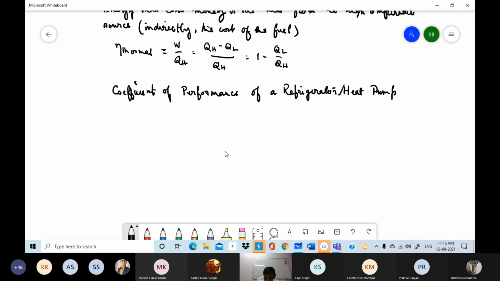So how are the two different? In refrigeration, our intention is to remove Q from the low temperature reservoir. So we want to refrigerate a certain space. So then our useful output is how much Q we have been able to remove from the low temperature reservoir.